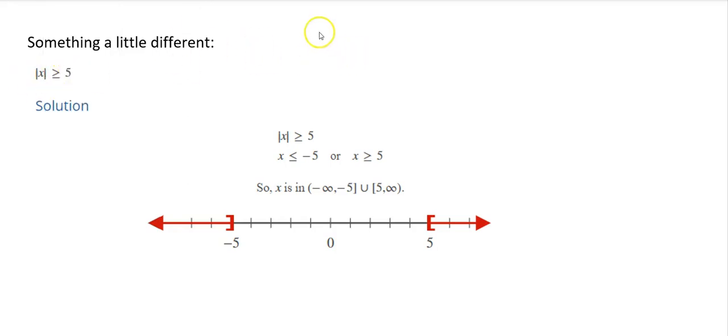You have the absolute value of x is greater than or equal to 5. If you just graphed that, this is what you would have right here. Because we do have the equal sign there, you would have a bracket. And so right here, of course, you would have the greater than.